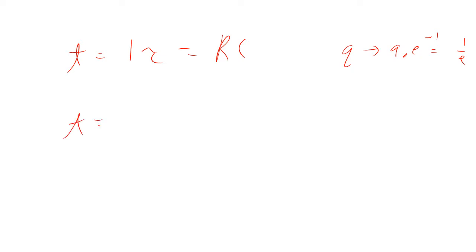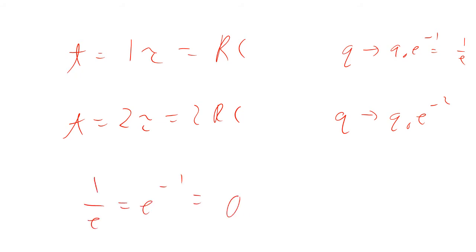What if t equals 2 tau? So it's 2 times RC. That means Q is going to be equal to Q naught e to the minus 2. Now, what is 1 over e? 1 over e is e to the minus 1, which is equal to 0.368.